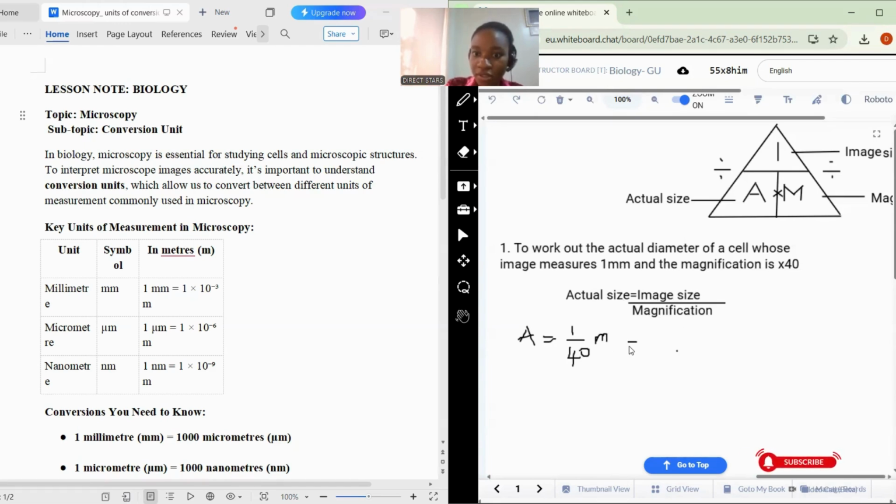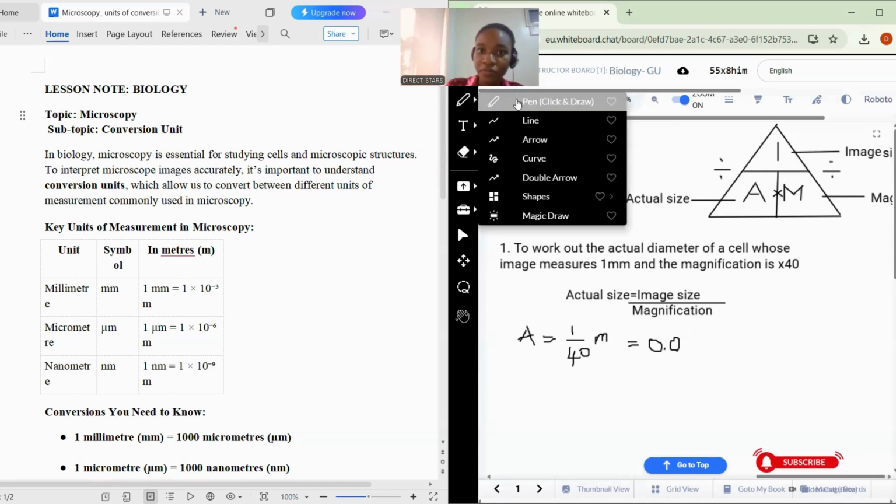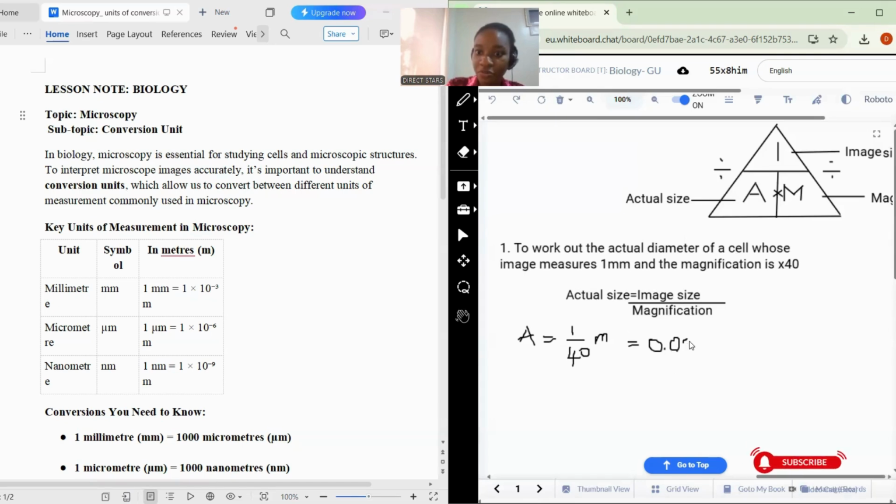So then what is this going to give us? When you divide 1 over 40, okay, go ahead. Beautiful. We are going to be having 0.025, actually. So we'll be having 0.025.